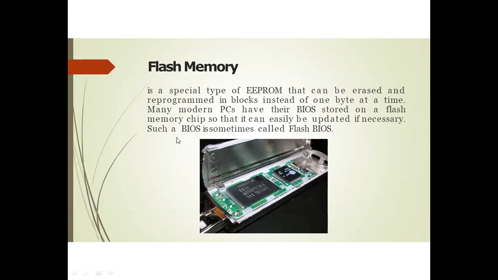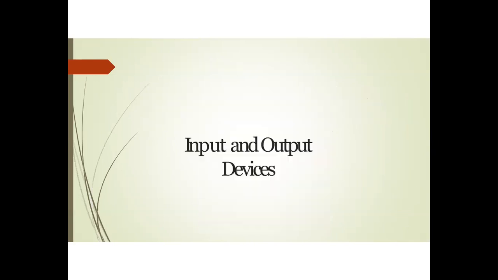Such a BIOS is sometimes called flash BIOS. As you can see in the picture, this is an example of a flash memory. Okay, so those are the computer or inside the hardware. Okay, so let's proceed with the next one, which is the input and the output devices.